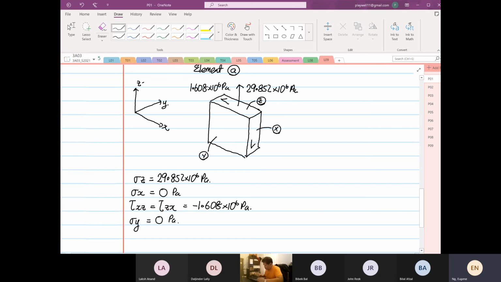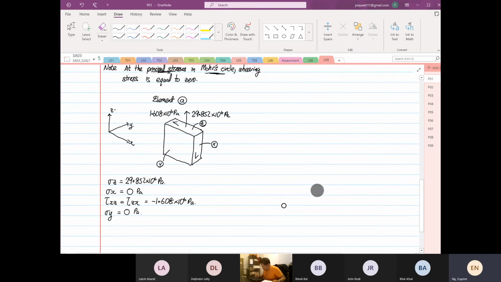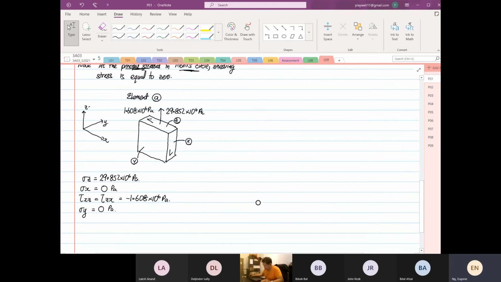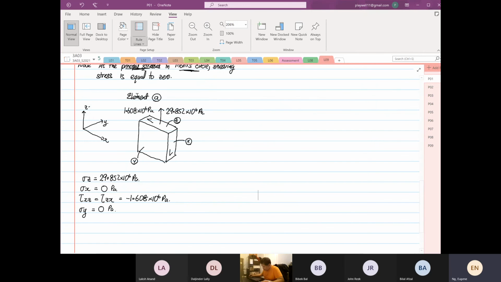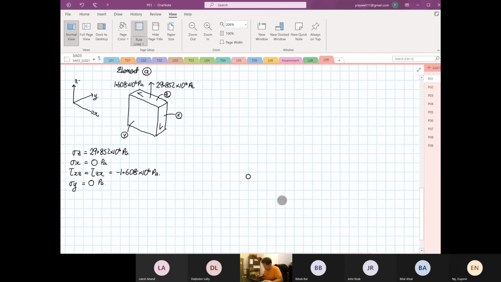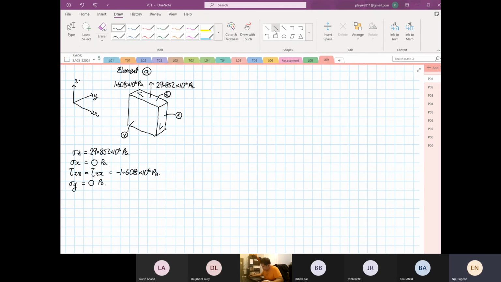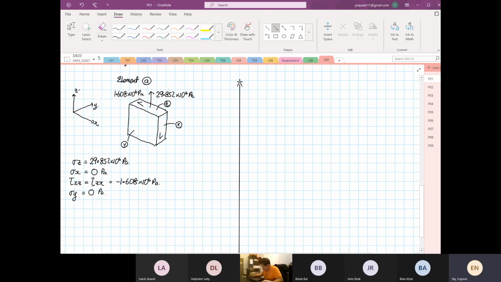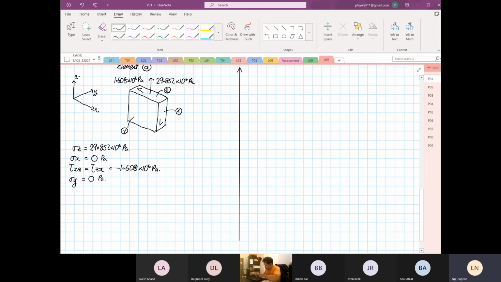So we're going to now construct a 3D Mohr circle. Let's draw the Mohr circle. The vertical scale on Mohr circle is the shear. So this is our shearing stress.